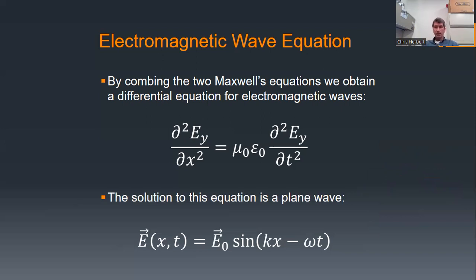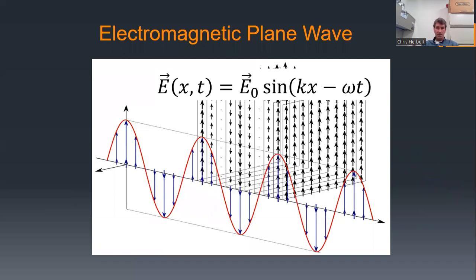Really, the most general solution for this is to actually have, I've tried to keep it simpler here, but actually add an extra term, which we call a phase, which just shifts this sine or cosine, right or left. All right, so once again, here is a description of the plane wave.